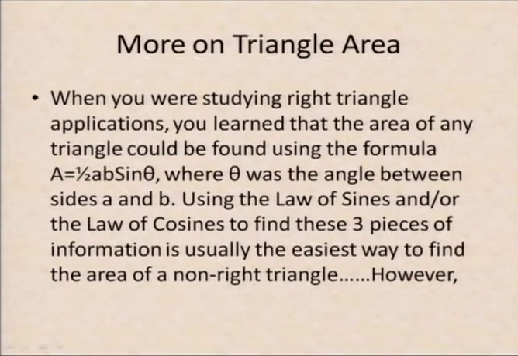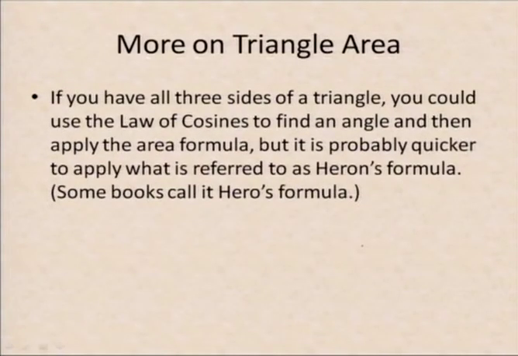And as soon as you found two sides and the angle in between, you would be ready to use that formula right there. However, there's one more way that you can find the area of a triangle. When you don't have any angles, rather than go back and try to find it using law of cosines, which would be slower, it would be quicker to apply what's called Heron's formula.